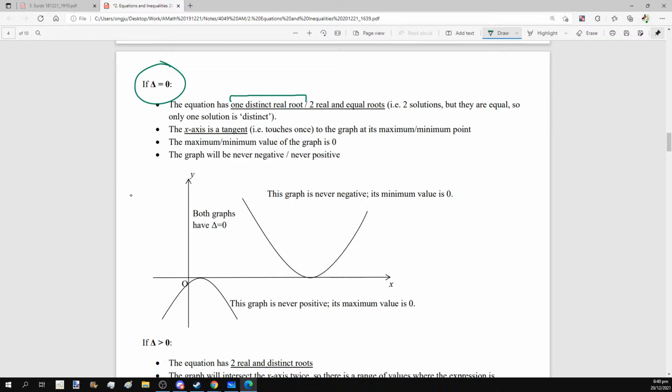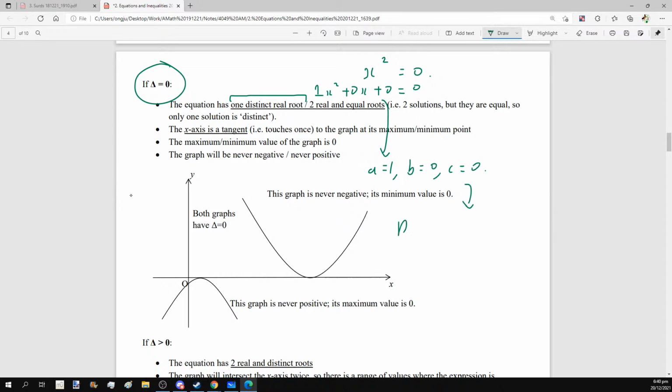we can trivially consider the example of x squared equals 0. X squared equals 0 will mean we have 1 x squared plus 0x plus 0 equal to 0. So over here, a equals 1, b equals 0, c equals 0.